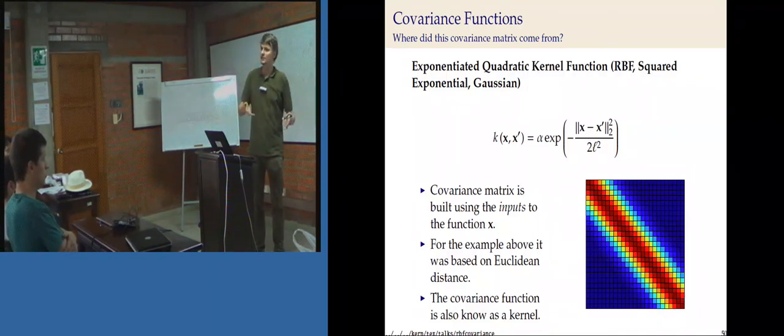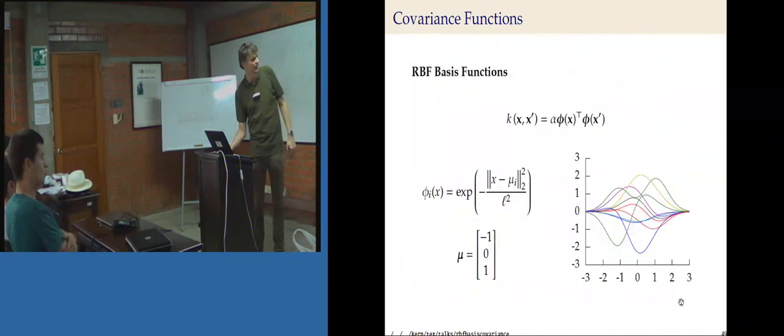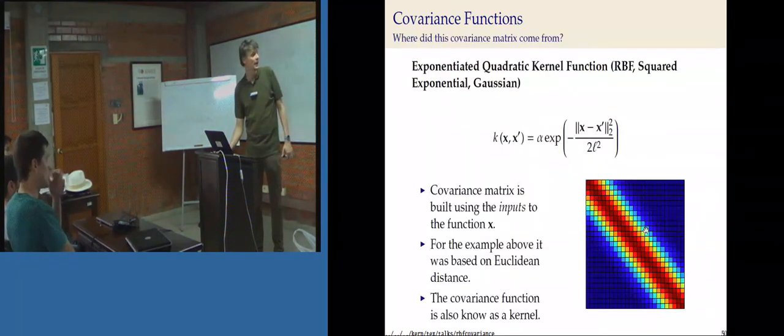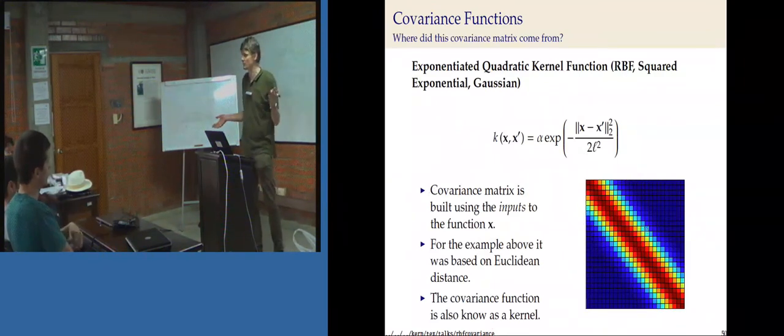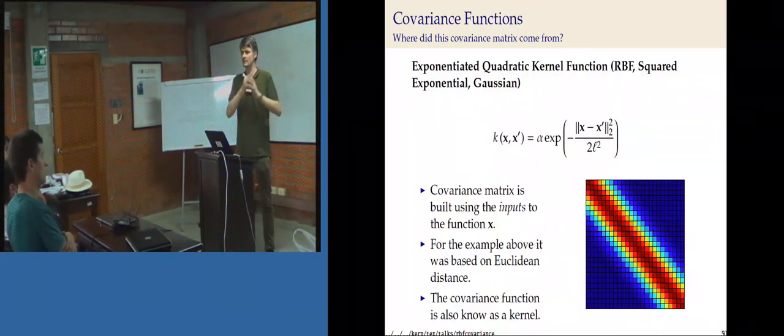Now that's one interpretation of non-parametrics. That's why we have to go to this formulation: in the previous model there were 3 parameters associated with the 3 basis functions. Here there are infinite parameters associated with the infinite basis functions, so you can't use that old weight space view from the beginning of this morning anymore.